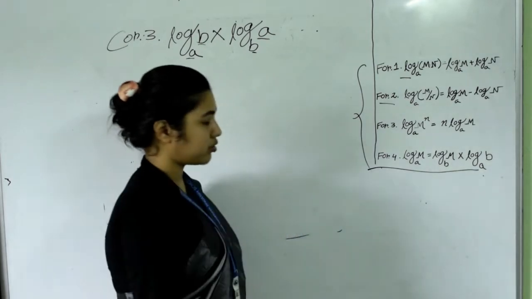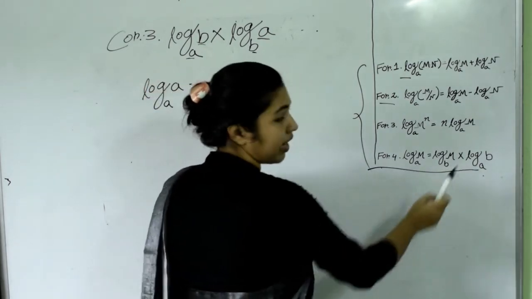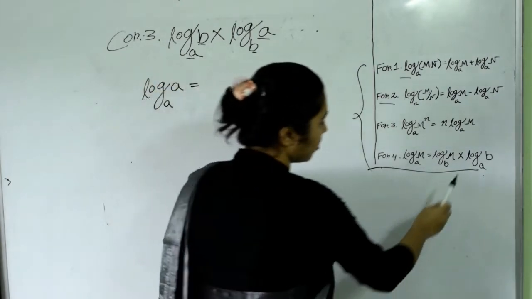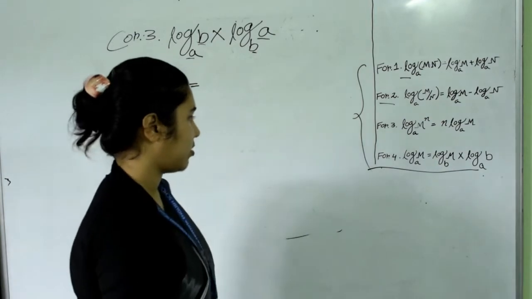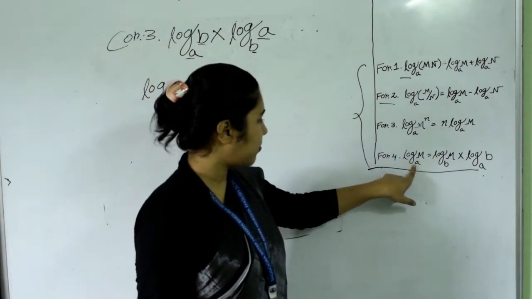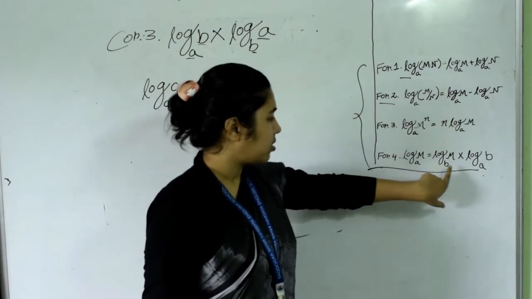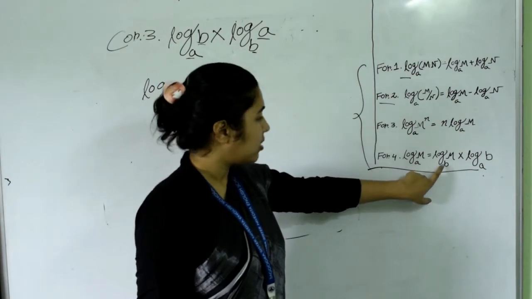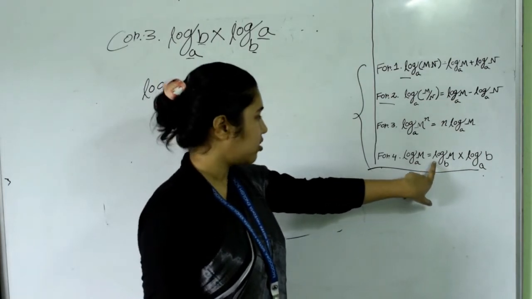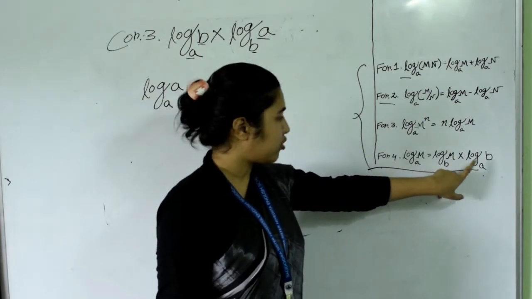So if we want to interchange this base a to b, we have to multiply one more term with base a and value b. That means log with base a and value m is equal to, if we want to write a log term with base b, then we can use this formula. So here the base is b and the value is m, into.